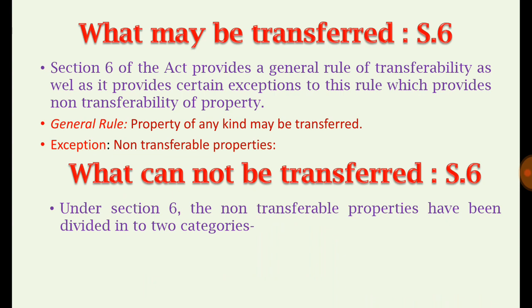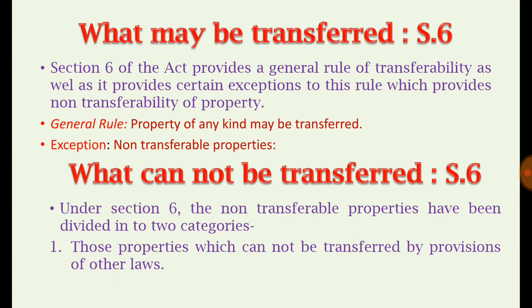It is not necessary now to see which properties can be transferred; we must see the exceptional properties that cannot be transferred. More importantly, we must see the exception to the general rule, which will help us understand which properties cannot be transferred. So these non-transferable properties under section 6 are divided into two categories.